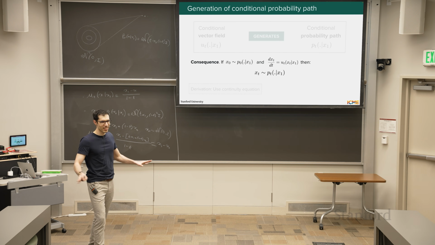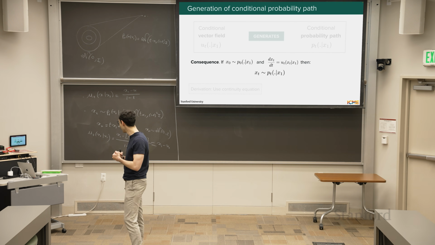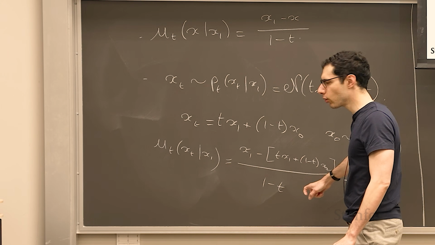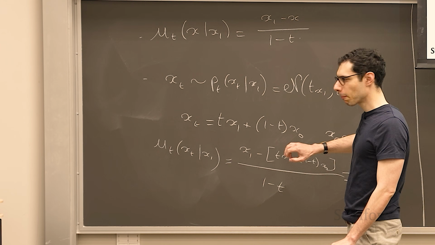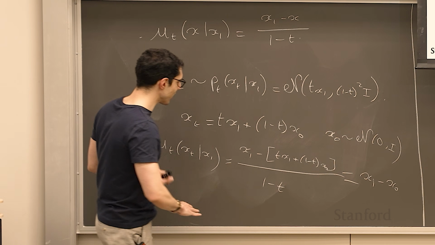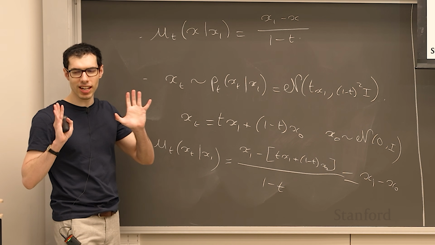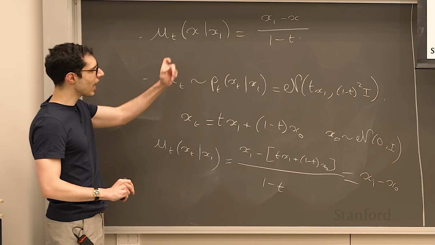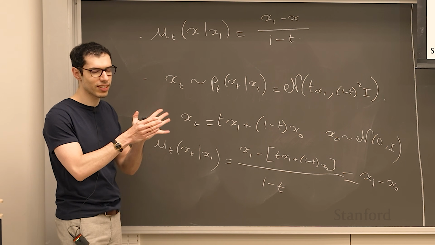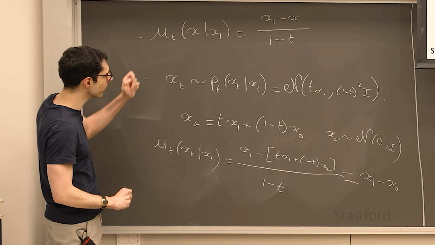Okay, any questions? Yep. So the question is, where does this equation come from? So this one, the one above, is just an equation that I'm just giving you. And you can verify that it actually is generating the conditional probability path. You can prove it, but we're not doing it.